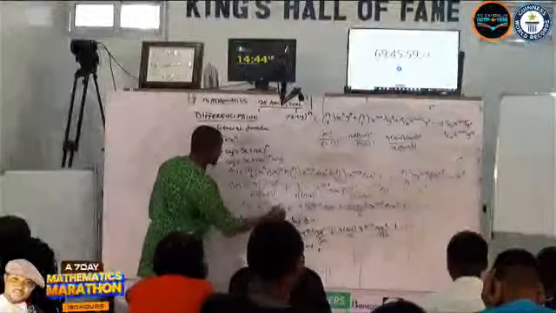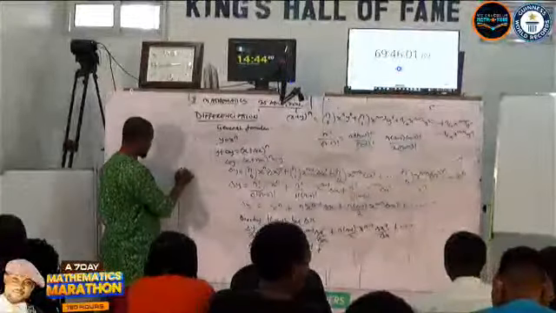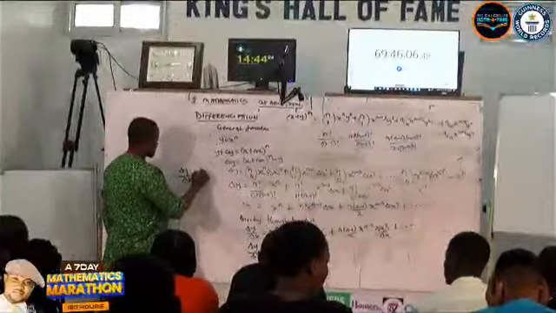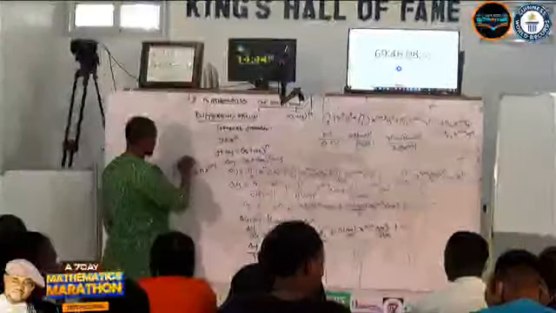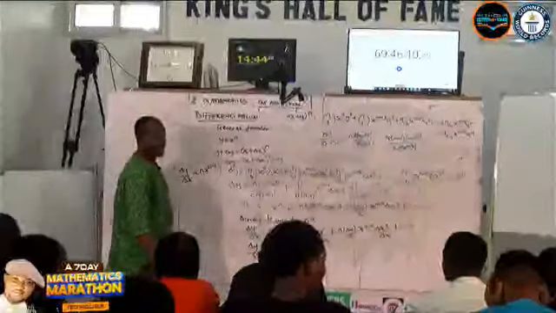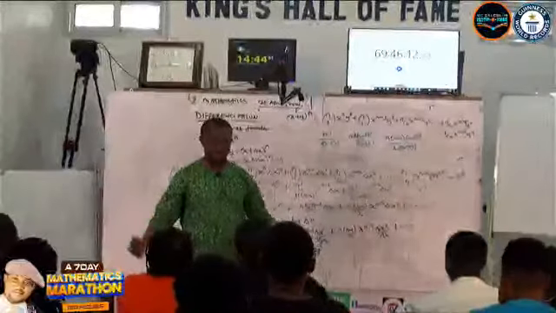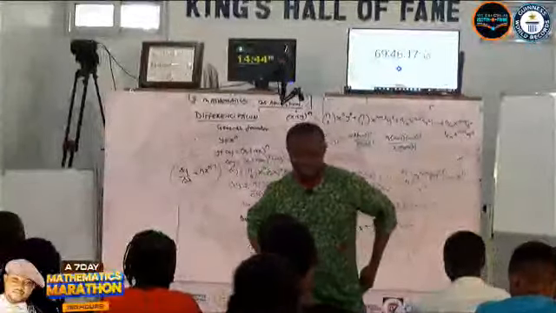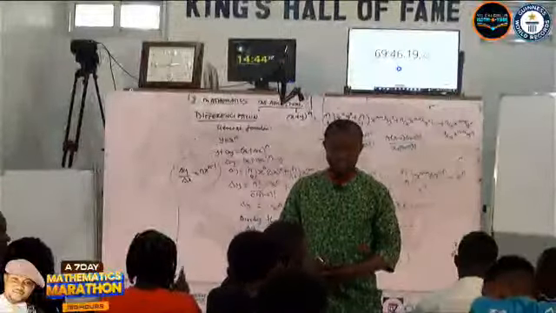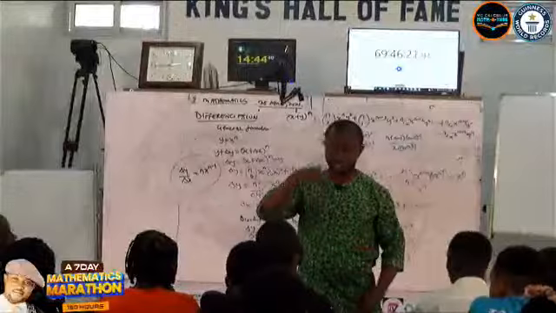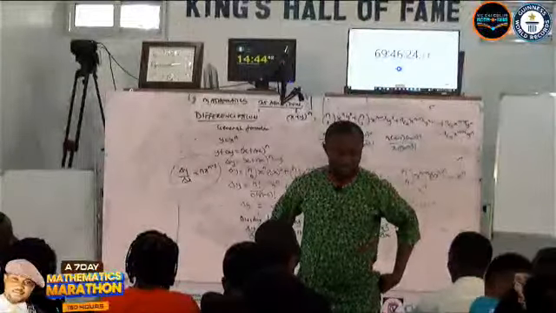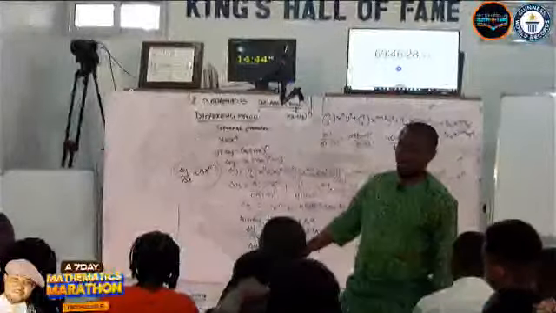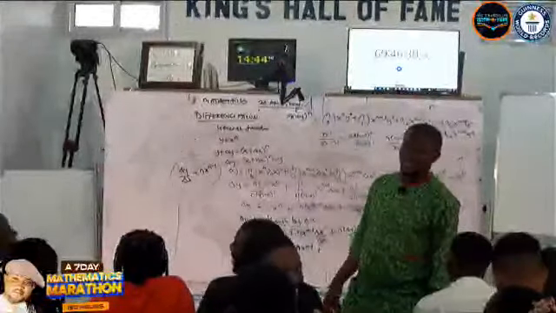So my dy over dx will now be what? n x^(n-1). That's the formula. Whatever is changing, you can't turn it to 0. Don't panic, we are not using these ones. We only use the formula. I know you are afraid.